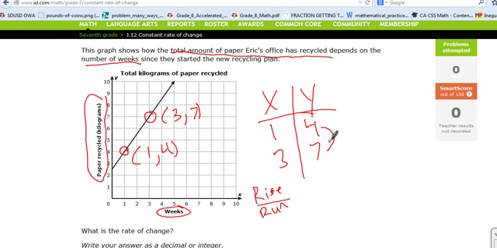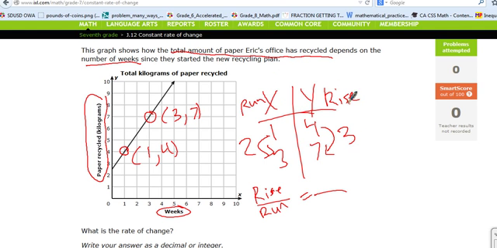So here I'm going to find the difference between how much it's increasing by with our y's. So here it's increasing by 4, 5, 6, 7. So that's 3. Here it's increasing by 1, 2, 3, by 2. Now I just need to make sure I write this out correctly, because here I can make a mistake if I don't write my rise, which goes along with my y, and my run.